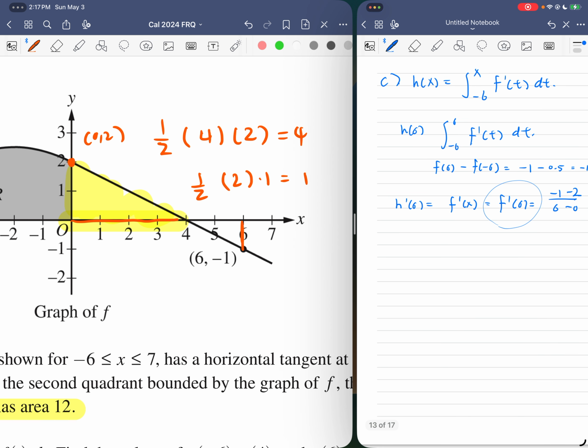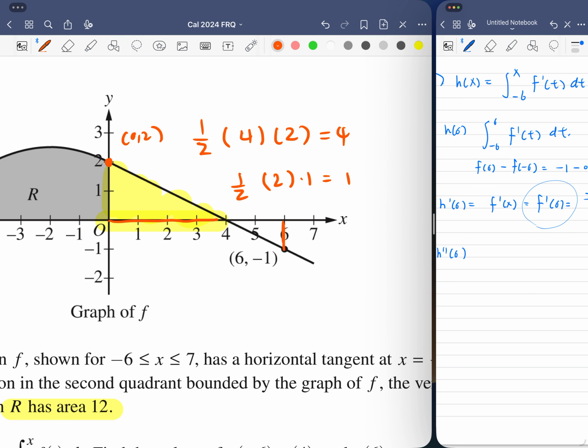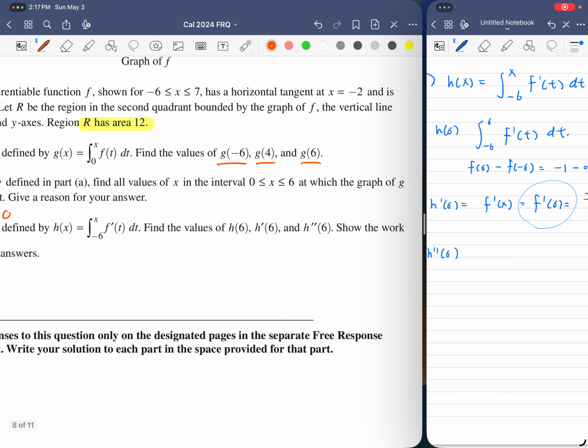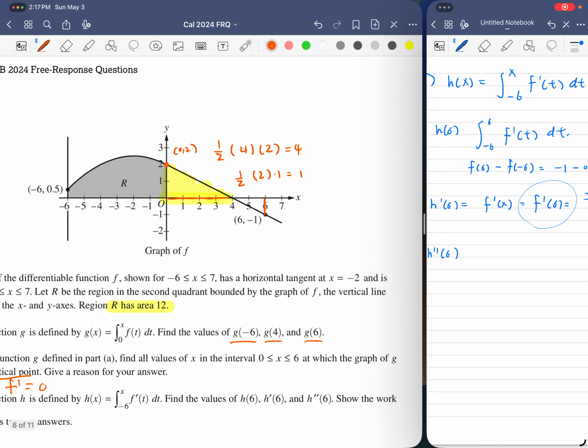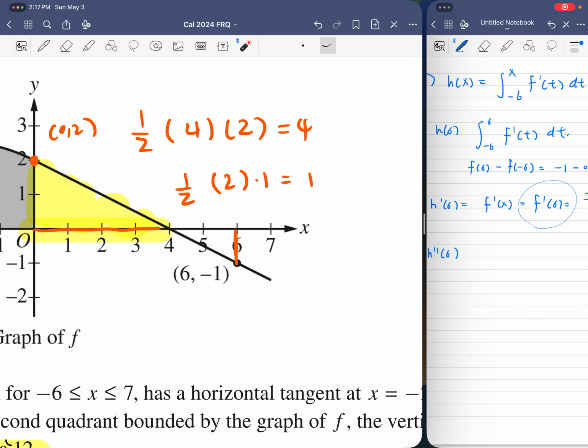I'm pretty sure the next one was h double prime of 6, acceleration. Let's see. What's the acceleration? So what's the derivative of the derivative? Look at this. Do you see this one's linear? So for example, let's say this one is 1/2 x plus 2.